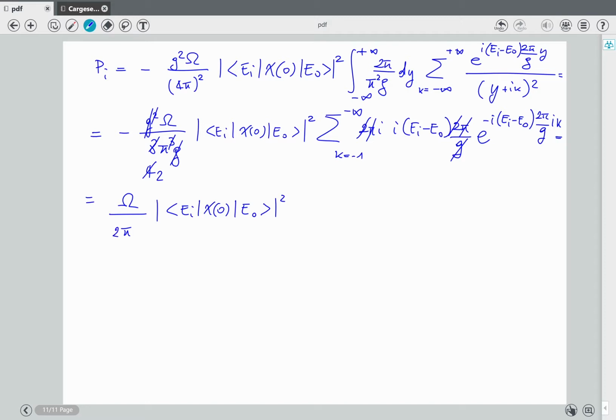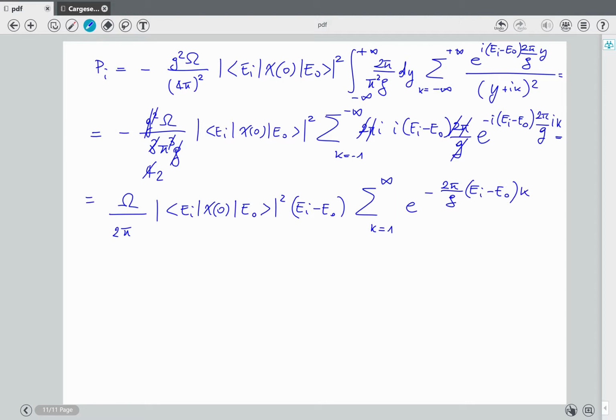Then there is also a factor ei minus e0, and then a certain infinite sum where we can change the sign of k for convenience, and in the exponent you have minus i times i, which is plus 1, and then k changes its sign, so we have 2 pi divided by g times ei minus e0 k.